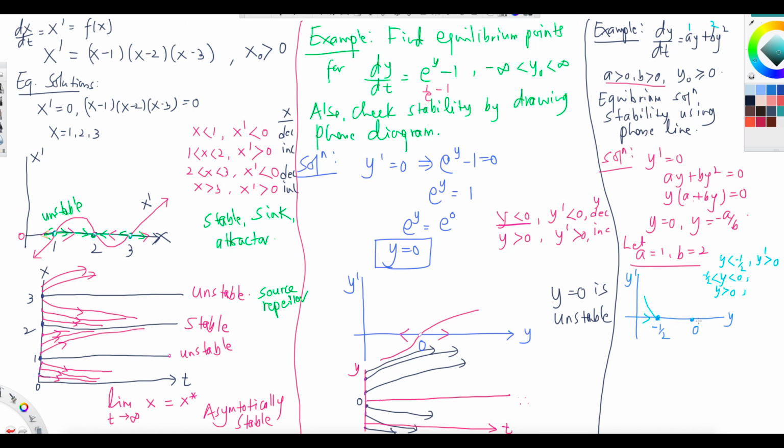And I want to find the sign of y prime between 0 and -1/2. Let's say -1/3. If you plug in -1/3 for y, what is the sign of y prime? 1 times -1/3 is -1/3, and then 2 times (-1/3) squared is positive 2/9.